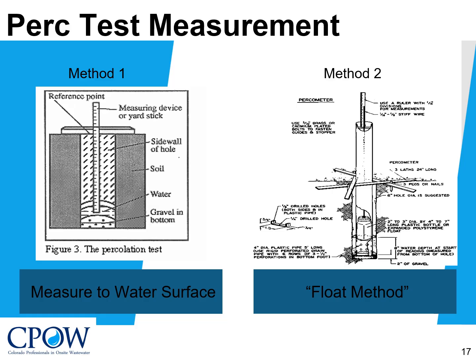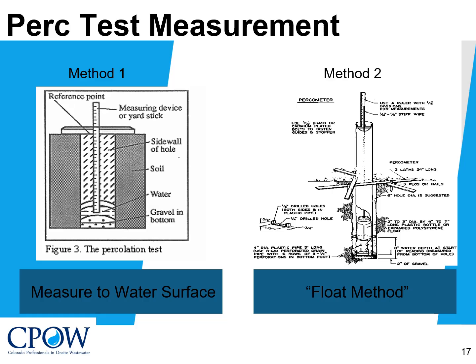Here are 2 examples of how to measure the water level in the hole. On the left, we see measuring the water surface. So typically a yardstick or tape measure is what is used. You can lay a piece of lath or a board or other object over the hole as a reference point.